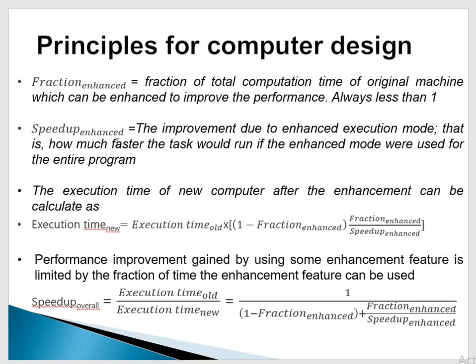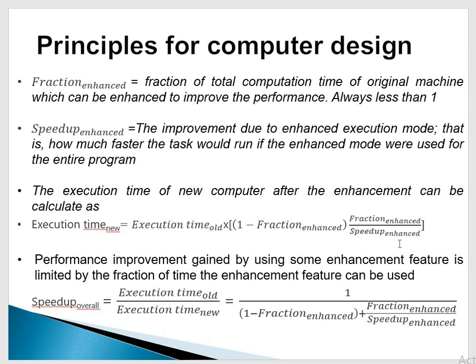Now we will also be interested to calculate the execution time of the new computer. What will be the execution time of the new computer, and that can be calculated as: execution time new will be equal to execution time old into 1 minus fraction enhanced plus fraction enhanced upon speed up enhanced. So this is the way how we can evaluate the execution time for the new machine after incorporating the enhancement.